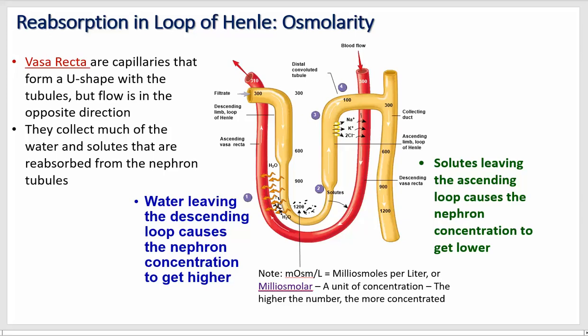But the trouble is we have a lot of water trying to dilute that. So it seems like after a while, all this water moving out would cause it to be very dilute over here. We won't give it a number, but we'll just say that it's going to be less than 1200 because of all the water moving out. But pause on that.